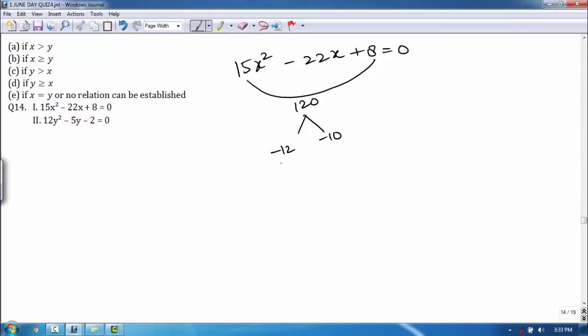Now we will divide these two numbers by the coefficient of x square, that is 15, and we'll change their signs. So the required roots will be 4 by 5 and 2 by 3.